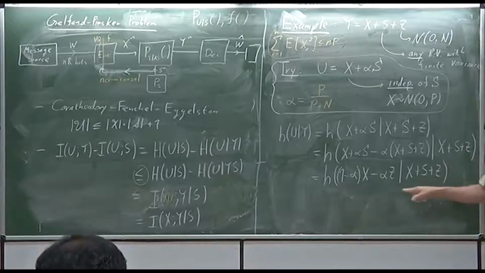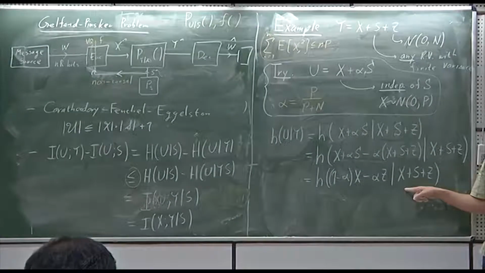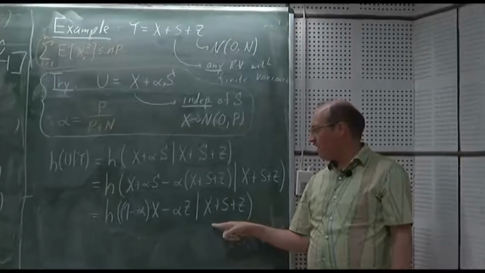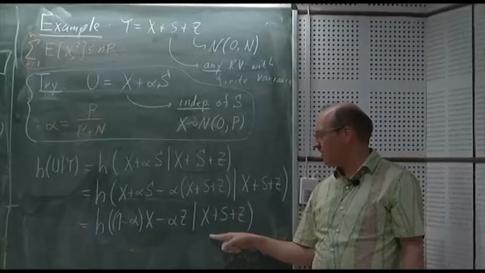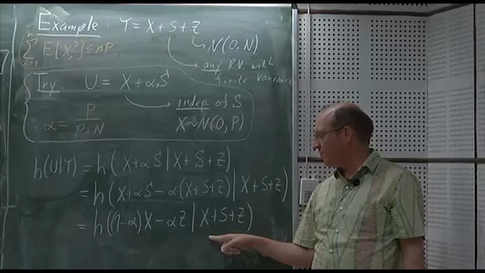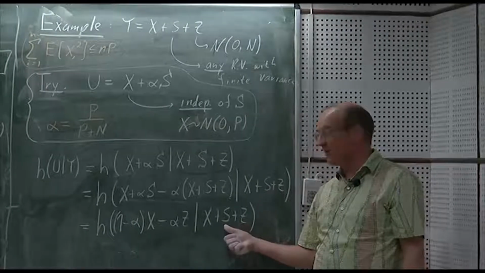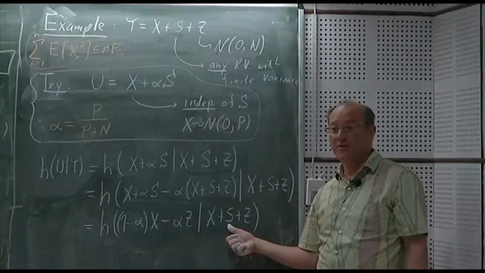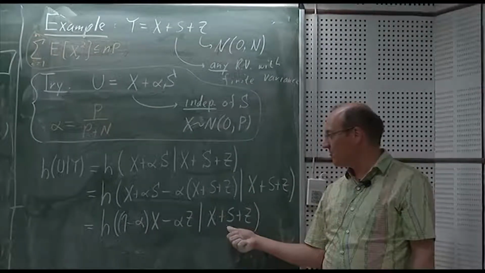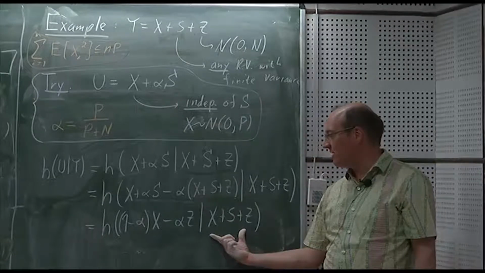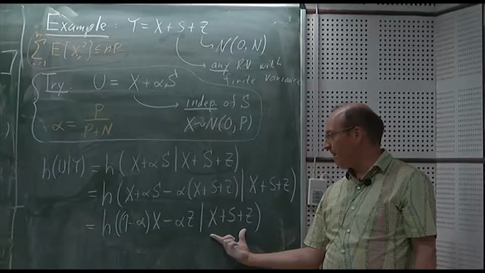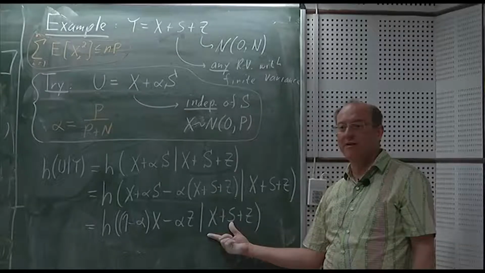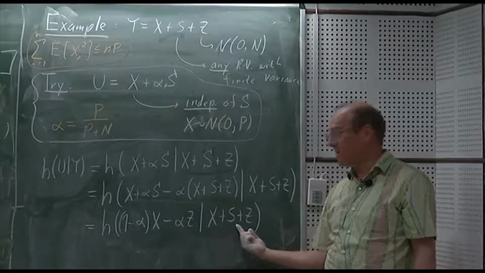Now I claim these two are statistically independent. How can I prove that? Well, what I have to prove is... s is not Gaussian, so I have a problem. What do I do? What I want to prove is the following: I want to prove x plus z is independent of this, and s is independent of everything here, because x is independent of s, remember?